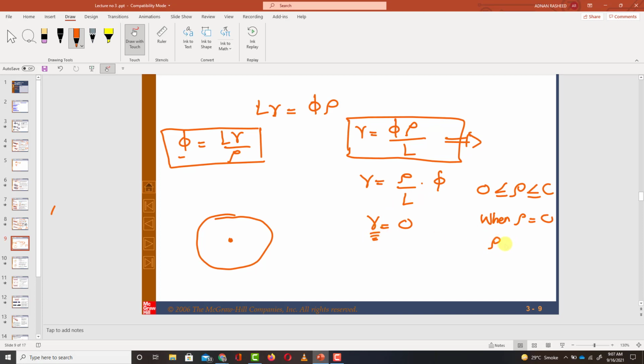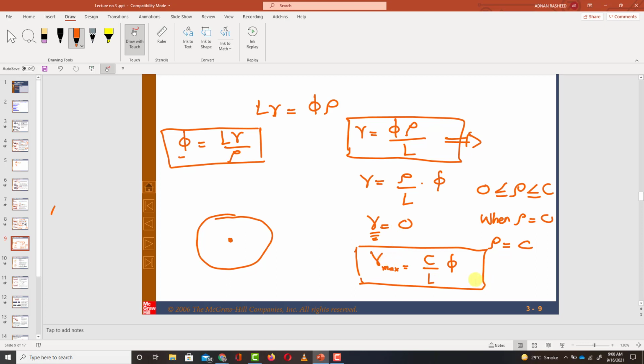And when rho is equal to C, this shear strain will be known as maximum shear strain, and that will be equal to C over L into phi. Clear? So shear strain is 0 at the center and it is maximum at the outer radius, at a distance of radius from the center.